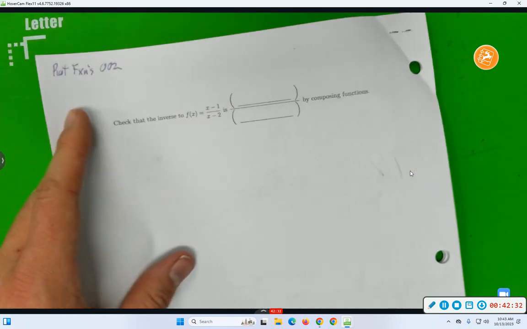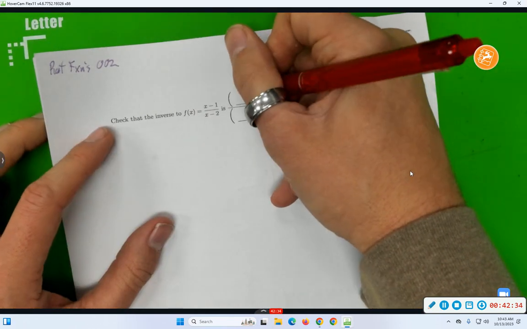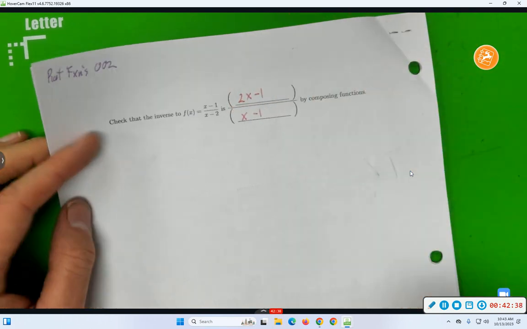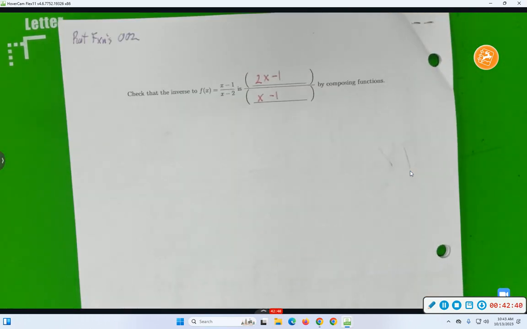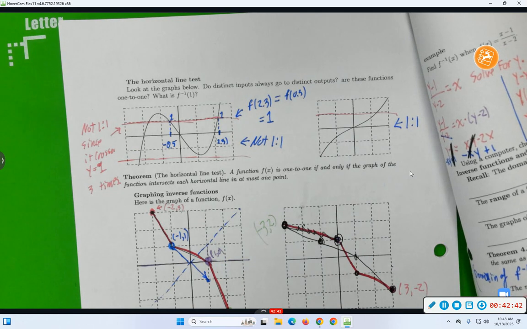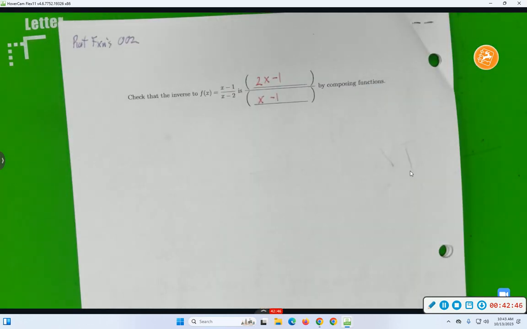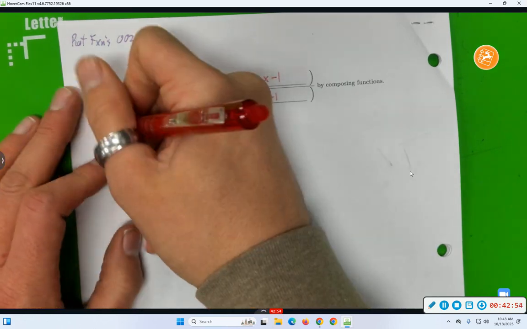We just checked that the inverse function to x minus 1 over x minus 2 is 2x minus 1 over x minus 1. I believe I wrote that down correctly. Yeah, cool. In order to check that this really is the inverse function, I need to check two things.